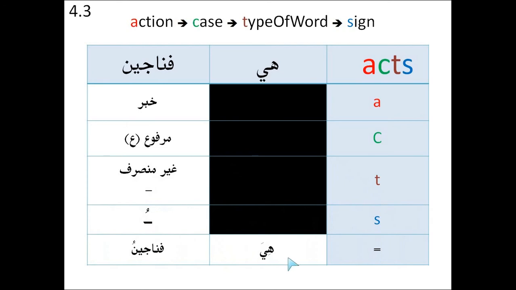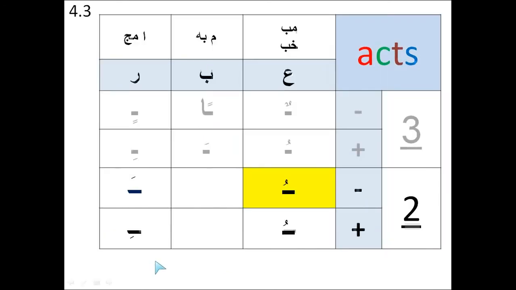Okay, and here fanajinu. So let's analyze that in our table. Let's update our acts table. So in the acts table, ghair munsarif words when they are nakira take a dhamma, just like munsarif words when they are nakira take a dhamma, but they take two dhammas, whereas here ghair munsarif words only take a single dhamma. So this is an important point.